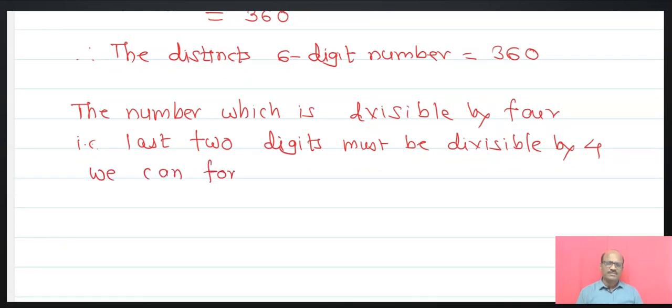We can form using the given digits. Now see these digits.